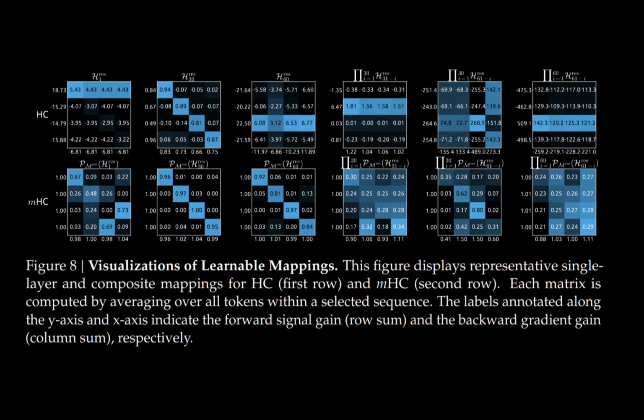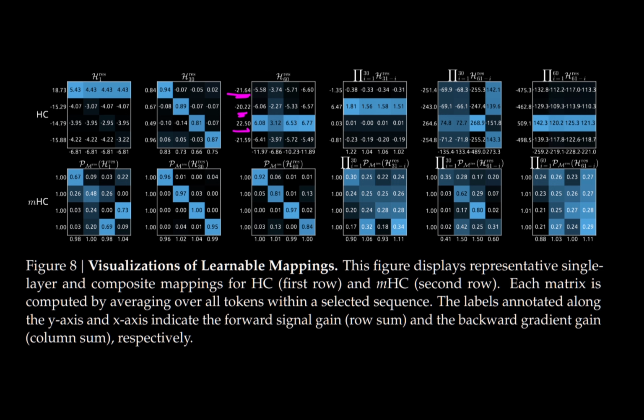Then they visualize the learnable mapping. Here you can see that the real magic happens, while the HC explodes and has super high or super low values for its columns and rows, and it can destroy the signal and add lots of noise.